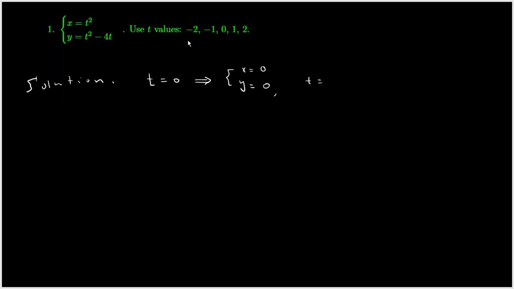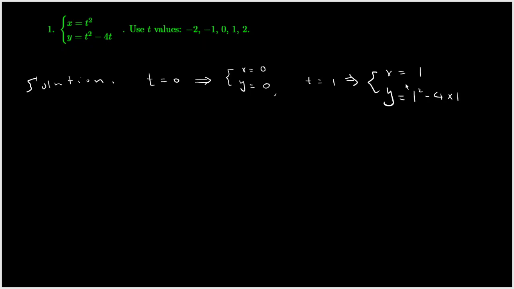And so we'll try to get all the points. Okay, t value of 1. The next point we are going to get is the point for t value of 1. T value of 1 will give you x value of 1 squared, which is 1, right? And the y value is computed using 1 squared minus 4 times 1.